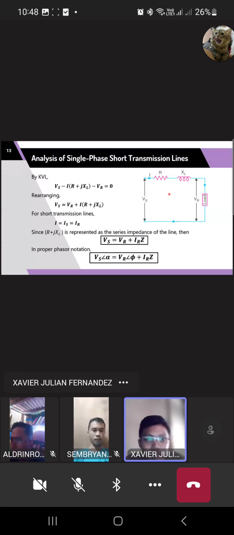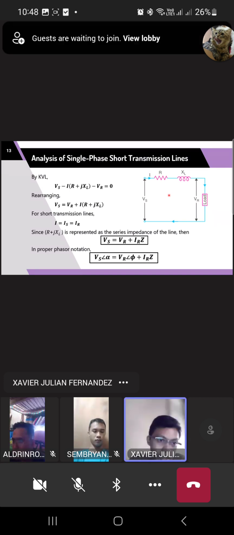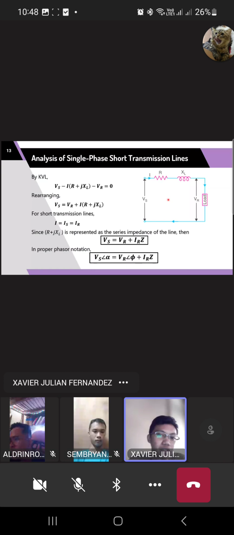So if we have the same current, we can say that the current at the sending end is also equal to the receiving end, because it is a series circuit. The representation for a short transmission line is series.